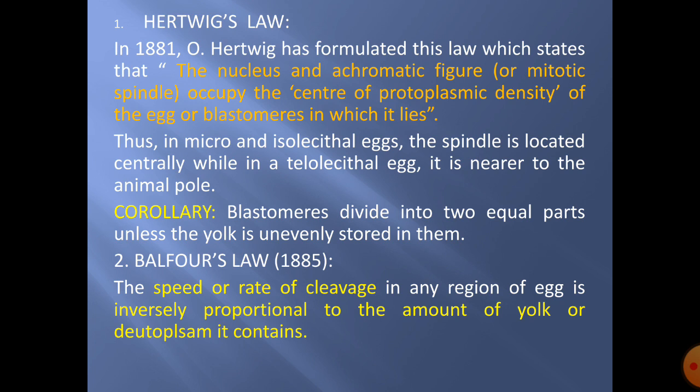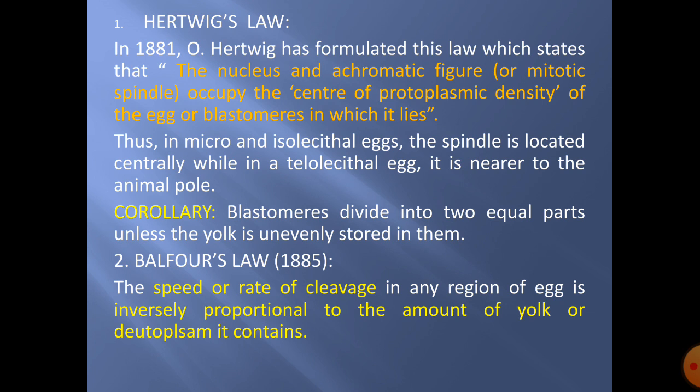Then the second law is known as Balfour's law, formulated by the scientist Balfour in the year 1885. And the law says the speed or rate of cleavage in any region of the egg is inversely proportional to the amount of yolk or deutoplasm it contains.